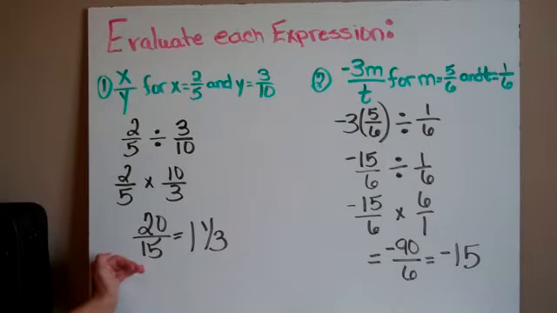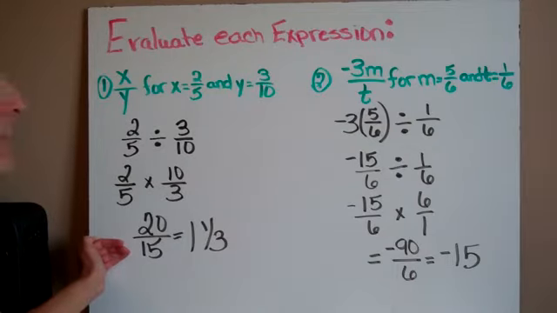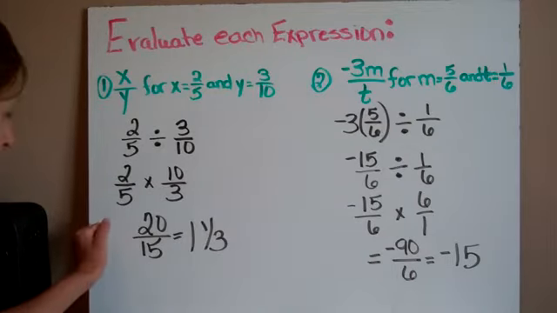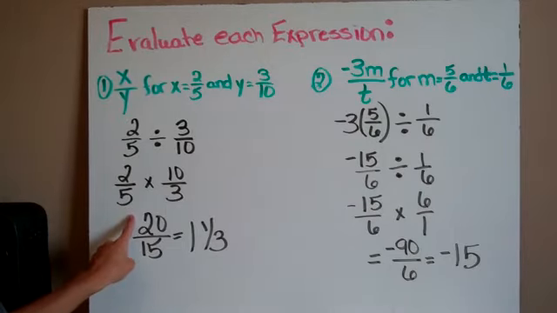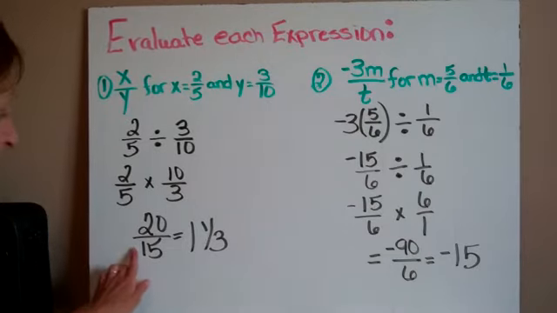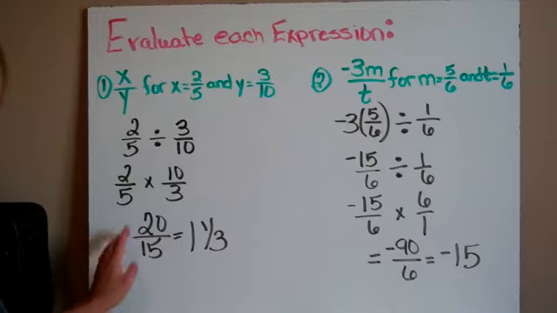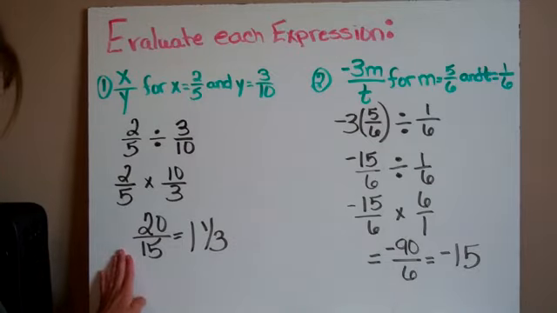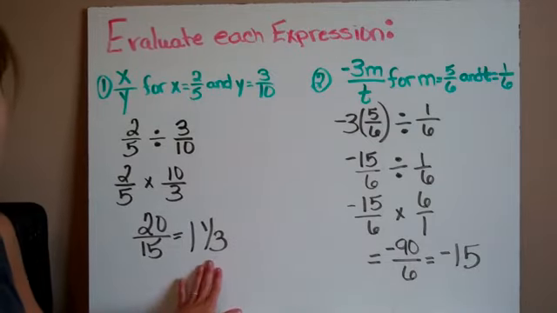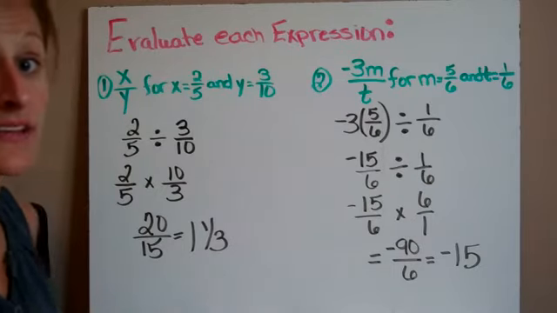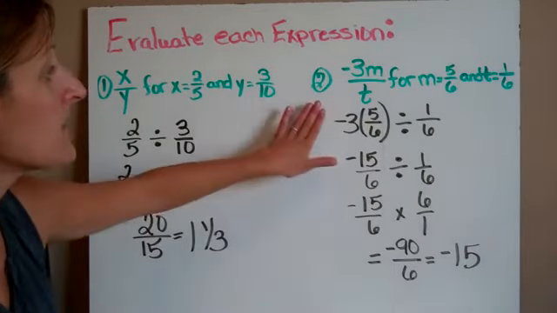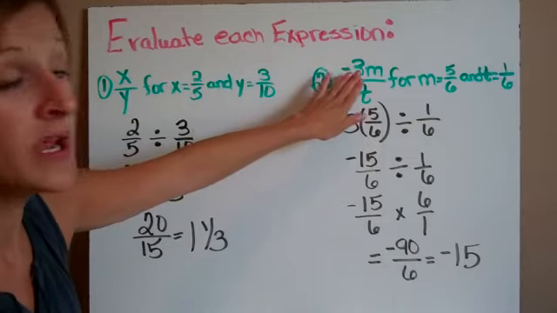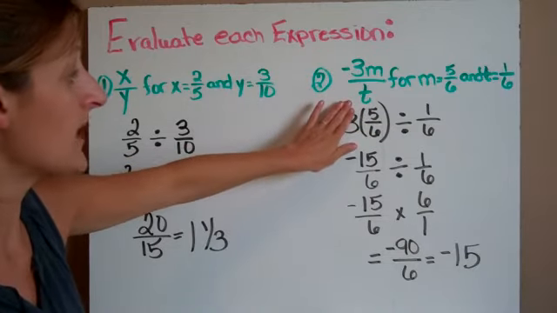Now 20/15 is not a simplified fraction, so when I simplify it, 5 goes into 20 4 times, and 5 goes into 15 3 times. So 4/3, which is also 1 1/3. You can write it either way. It's the correct answer.